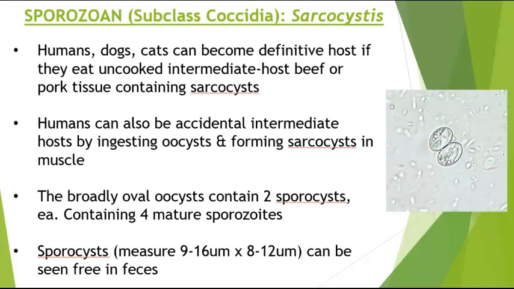They're kind of elongated or oval in shape, and they can be seen free in feces. And that's what you're looking at over here. This is an example of Sarcocystis in feces. And you can see there's a lot of bacteria here, so that we know this is a fecal sample.